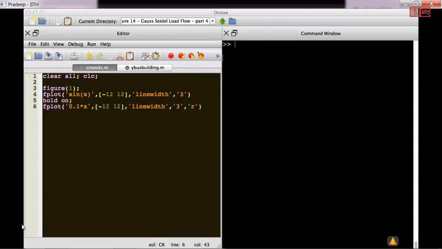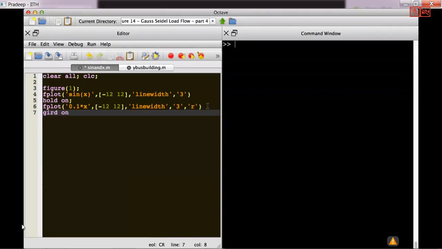Okay, so I got the plots. Let me now just show you the plots. I'll say give X label. So X label is, I think it's understood. So let's look at the plot itself.